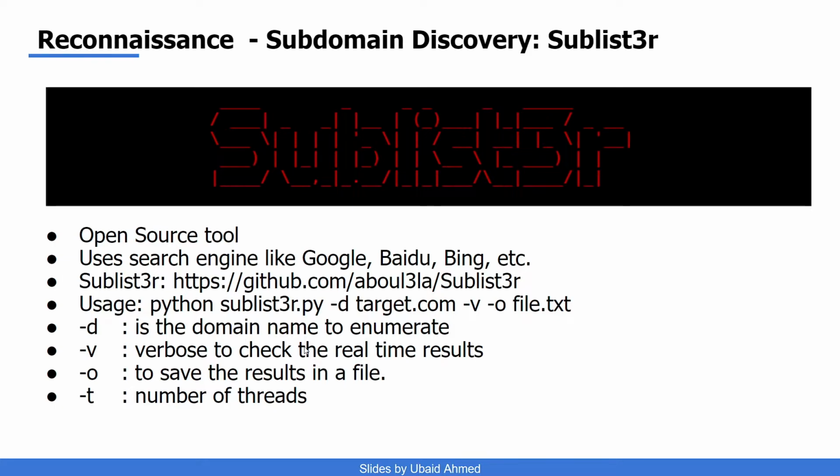It not only searches for subdomains on Google, just like we were doing, but it also searches on other search engines like Yahoo, Bing, Baidu, etc. This tool also has another tool, Subbrute, integrated into it, which helps in finding subdomains by brute force using a word list. If you provide a word list, it will keep adding words from that list and keep checking whether that particular subdomain exists or not.